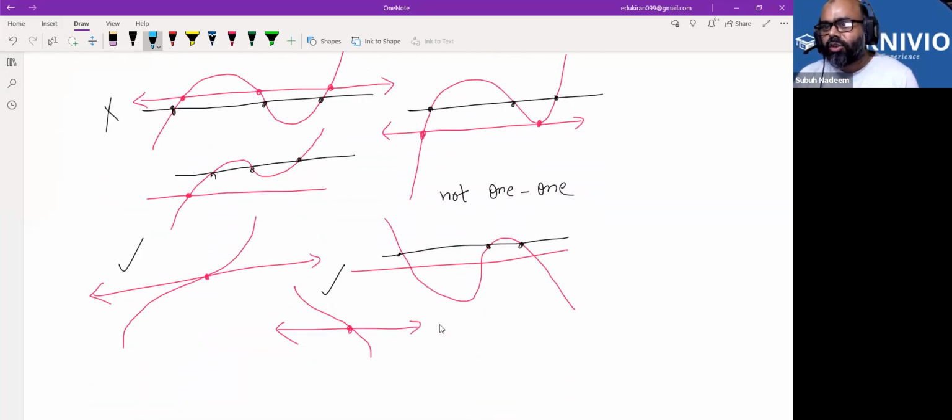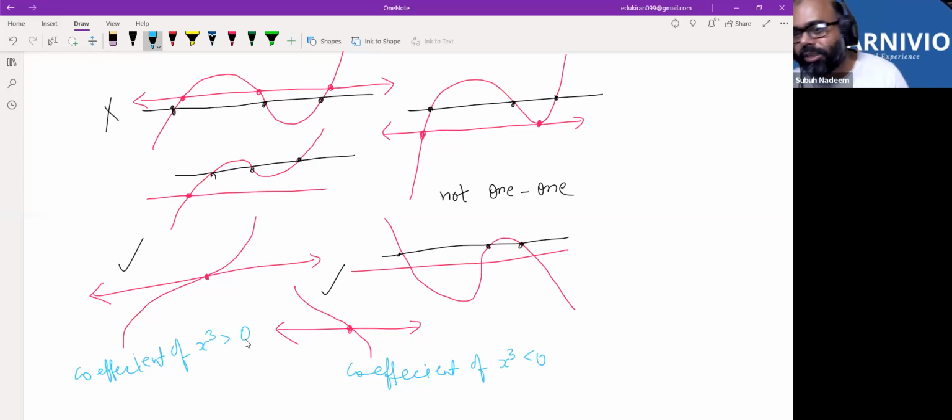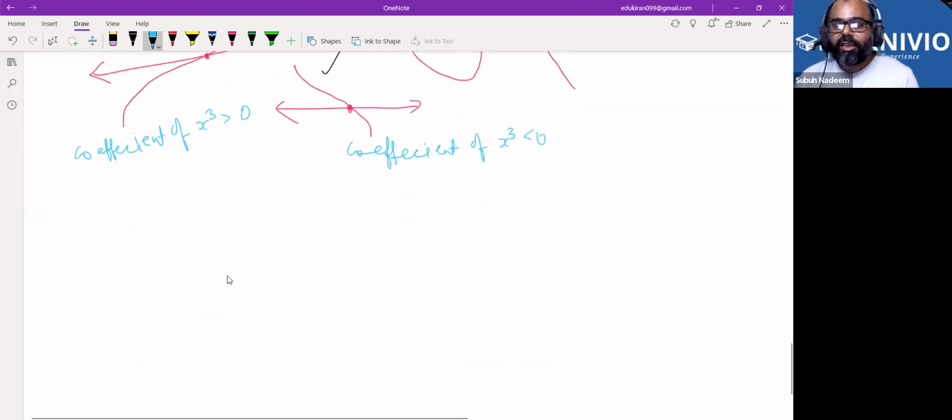In decreasing, the coefficient of x cube will be negative. Here we get the coefficient of x cube less than 0. Here we get the coefficient of x cube greater than 0. So from the analysis, we can say that this function is an increasing function for x belonging to the real numbers.